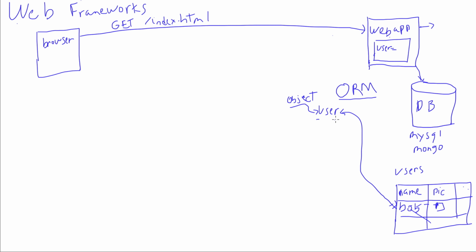And that mapping is super useful because then in Python you can just say user.name equals Alex, and it will just change it in the database. So you can say stuff like this.